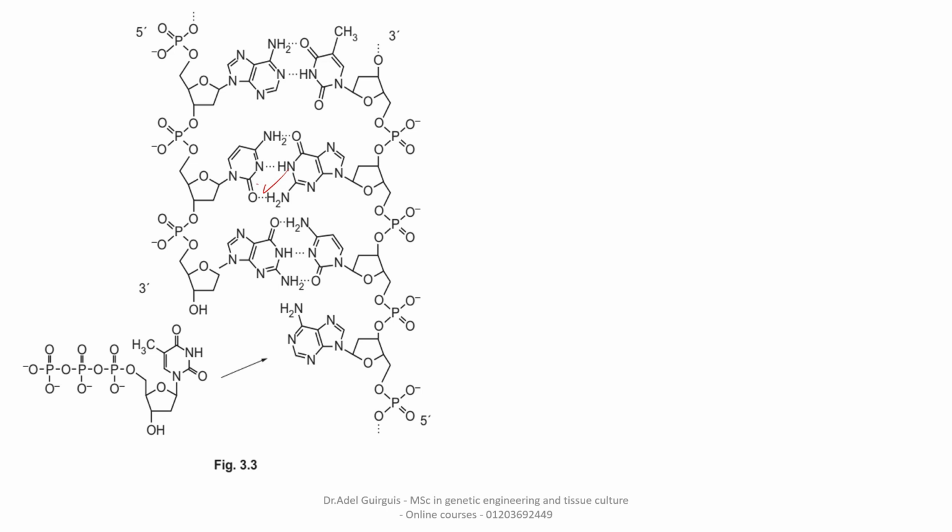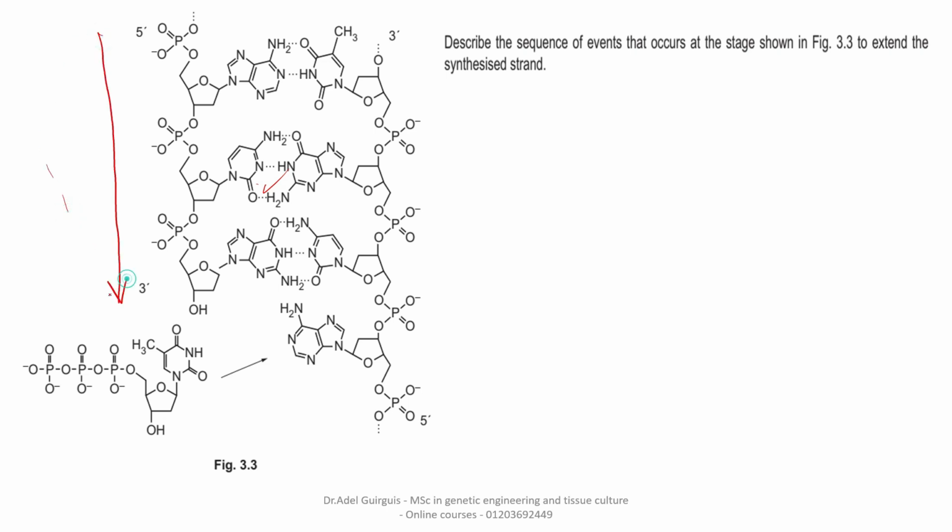The question here: describe the sequence of events that occurs at the stage shown in figure 3.3 to extend the synthesized strand, I mean here from 5' to 3', for the newly synthesized strand. What is the sequence of events?